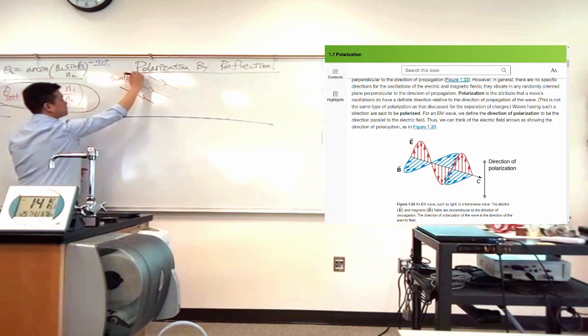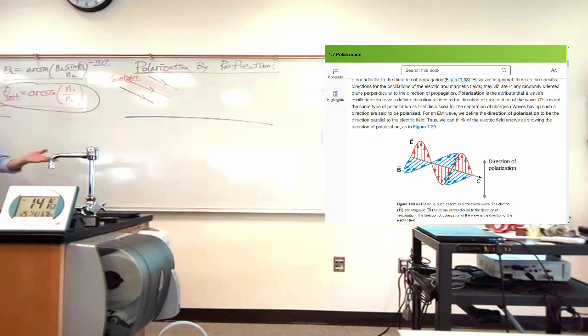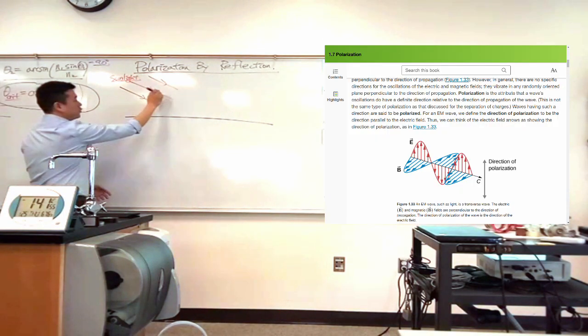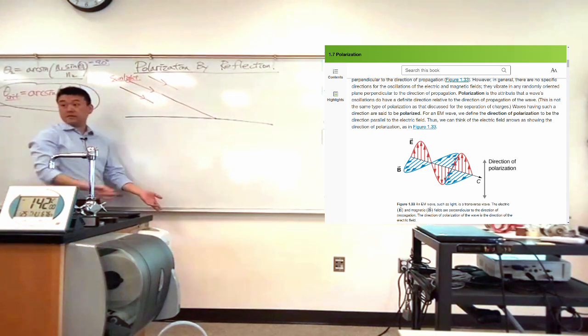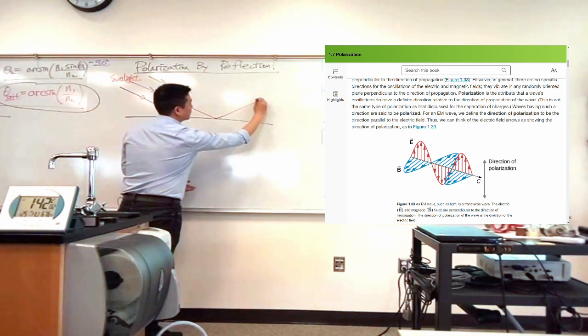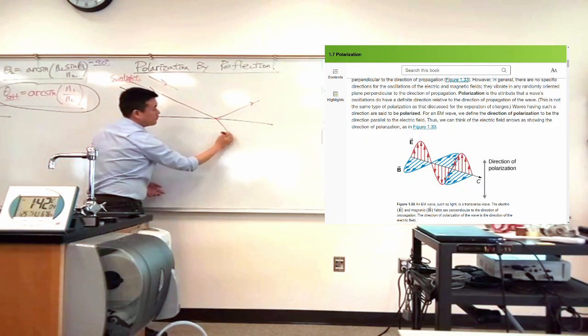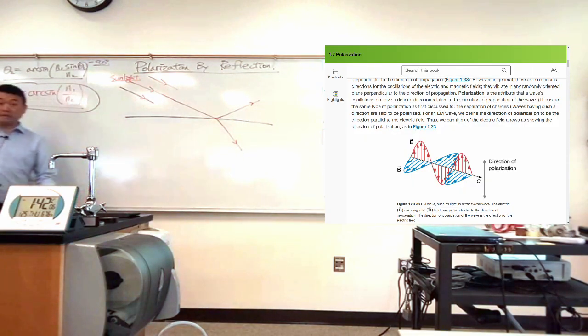Let me just draw one ray that's going to bounce off of a point on the surface. There will be something reflected, and there will be something refracted. Good? And as I said twice now, sunlight is not polarized.